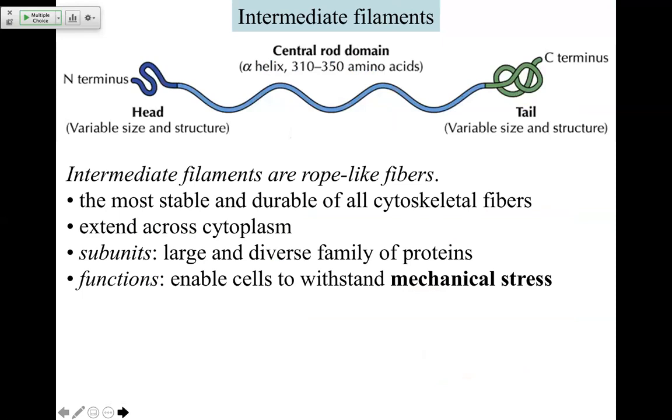Again, intermediate filaments are a large family of filaments composed of different types of polypeptides, but each of those polypeptides, as a subunit, as a monomer, always has a characteristic shape: a long alpha helical rod central portion, and the amino terminus and the carboxy terminus both have a globular structure.